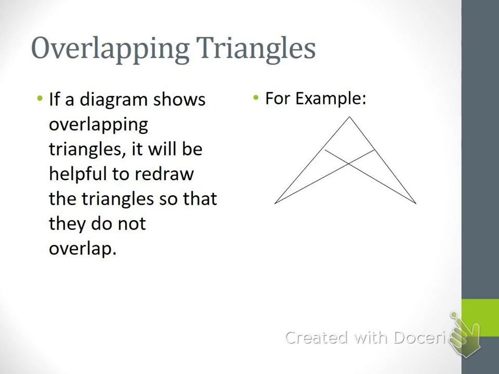Another idea we need to talk about is overlapping triangles. If a diagram shows overlapping triangles, it will be helpful to redraw the triangles so they do not overlap. So this should be closed right there. All right, let's go ahead and name this example.